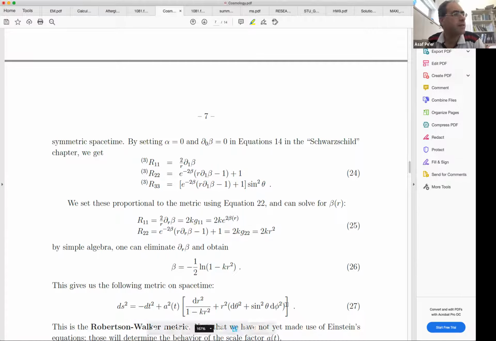And this is the most general metric, written in comoving coordinates, that describes a space with a maximally symmetric spatial part. Are you all with me?